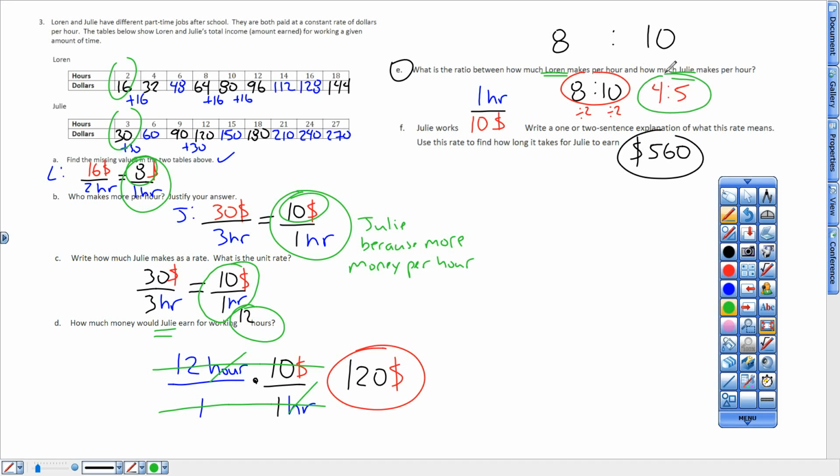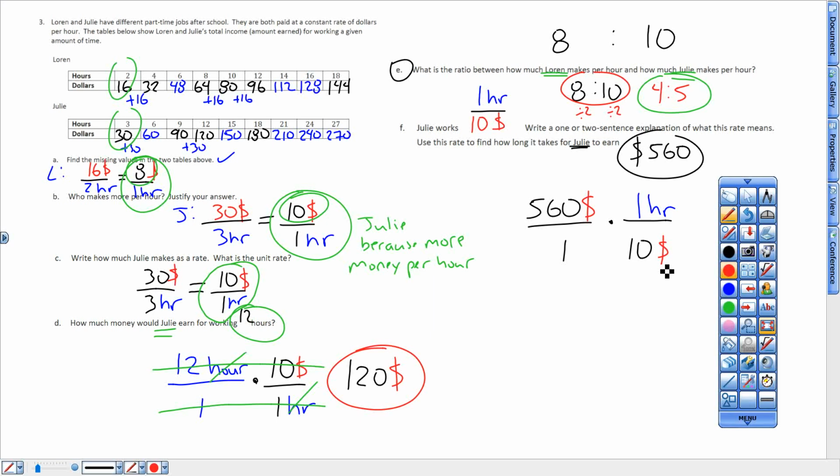All right, this next one, given $560, you're going to be timesing that by Julie's rate, but you're timesing it not by the normal $10 per 1 hour because nothing's going to cancel. You're going to multiply by the flip-flop. Instead of the normal $10 per hour, we're going to flip that so it represents 1 hour for every $10.